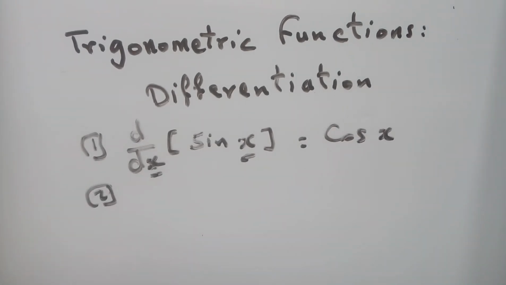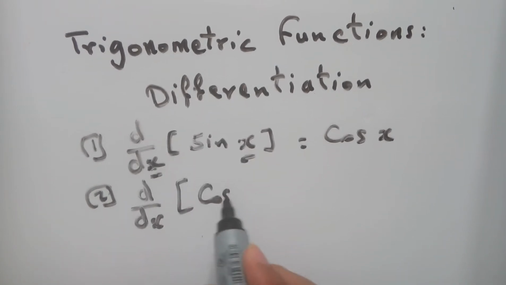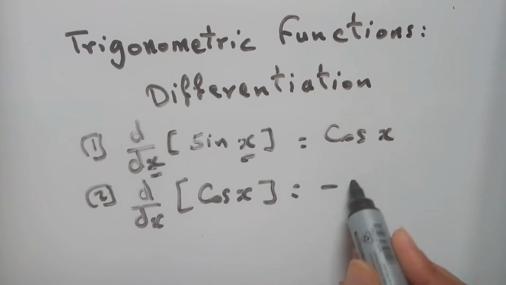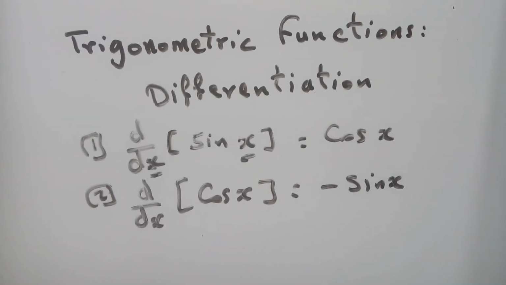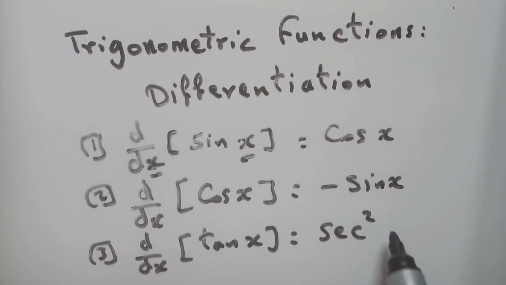Number 2, the derivative d dx for cosine x, it will be negative sine x. Number 3, the derivative of tangent x, it will be secant square x.